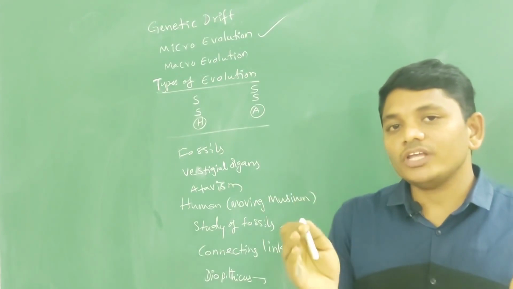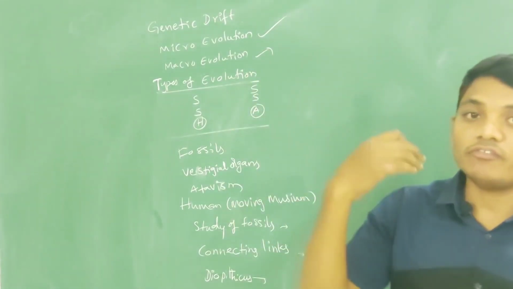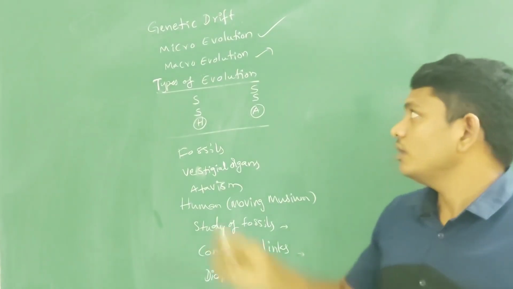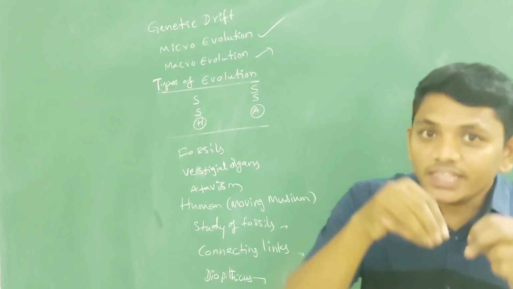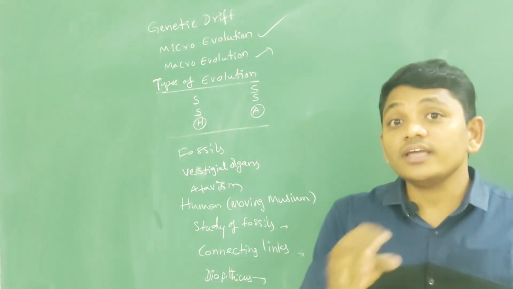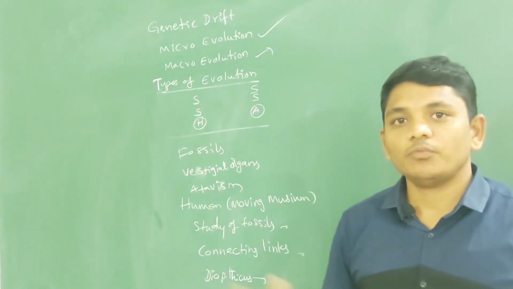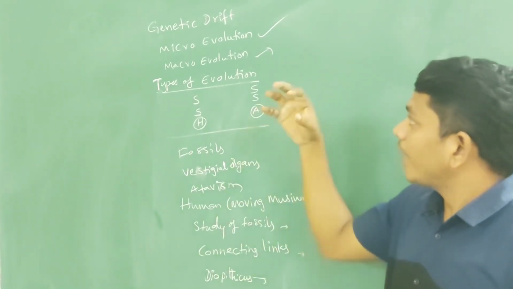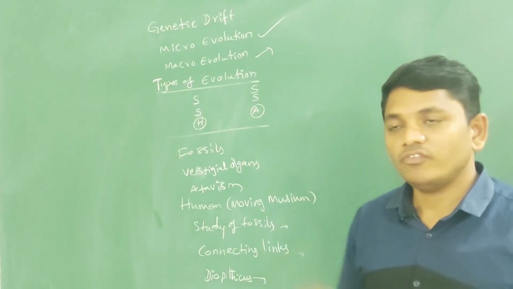When macroevolution occurs between the species, then new species will form. Once again, microevolution is small changes within the species, and macroevolution is large scale differences among the species. If macroevolution occurs, then new species will form.